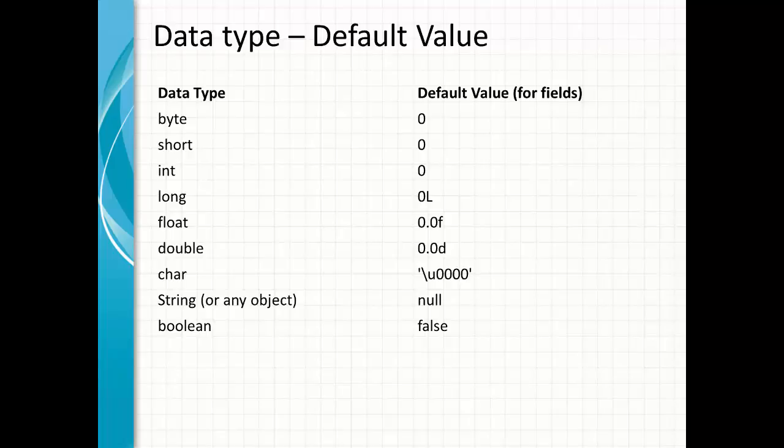Now remember that there are default values for these data types. By default, the default value is 0 for byte, short, int, long, float.